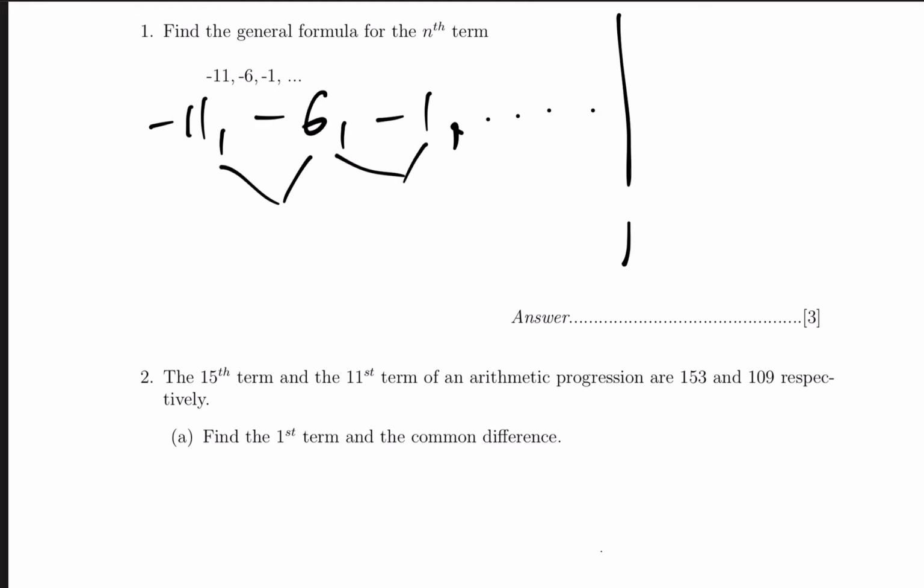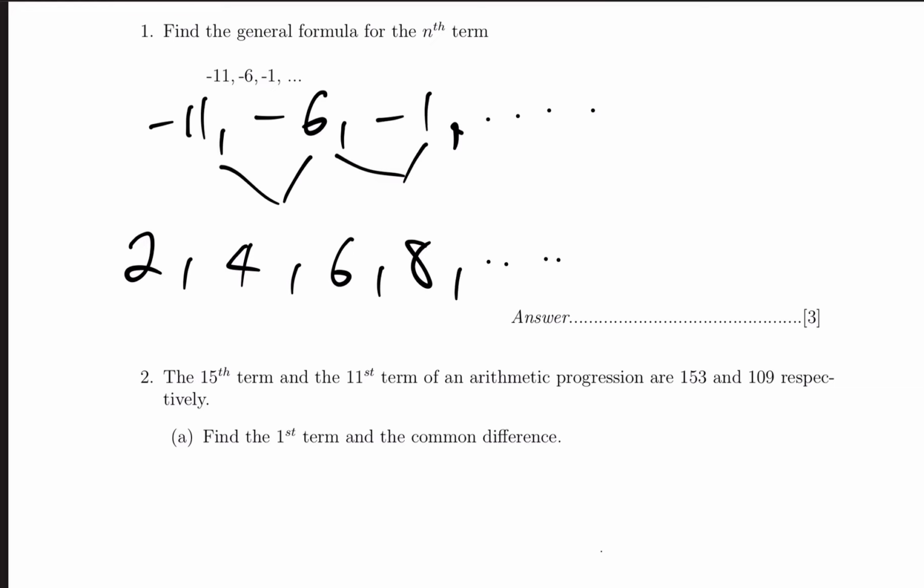Let me show you this first. If we have a sequence like 2, 4, 6, 8, you can see that the relationship between 2 and 4 is that we have to add 2 to get 4, between 4 and 6 we also add 2, and between 6 and 8 we also add 2.